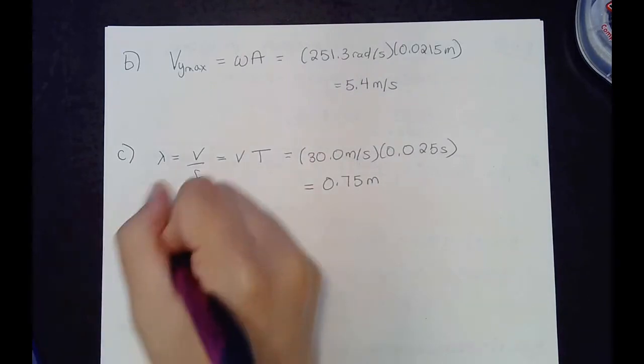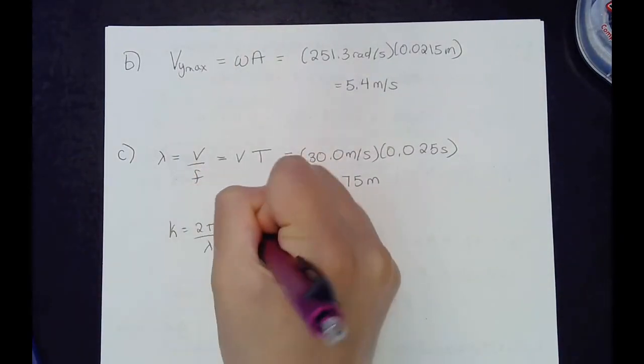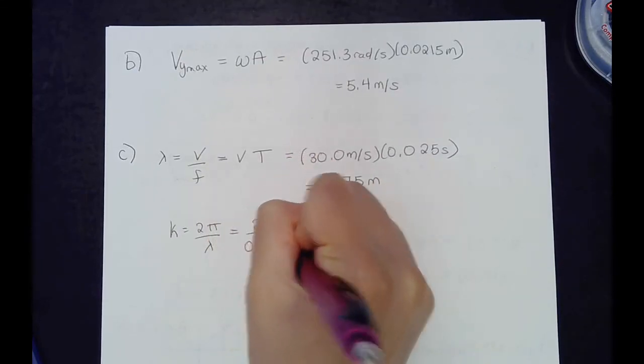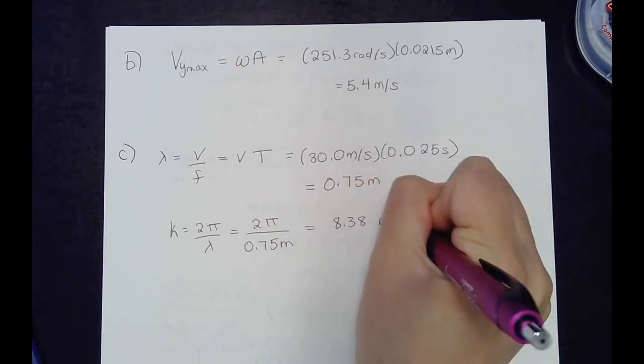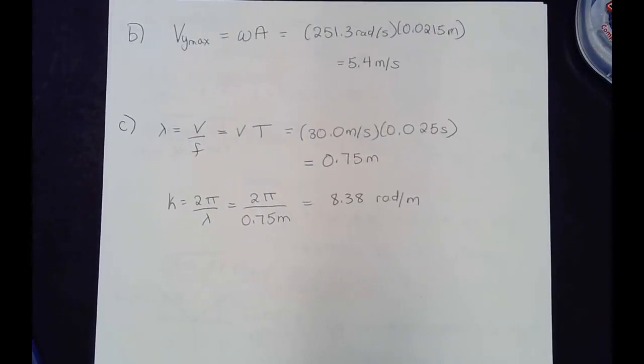And then k is 2 pi over lambda. So 2 pi over 0.75 meters gives 8.38 radians per meter. And that's really the work done. Now we'll just write it all into that wave equation.